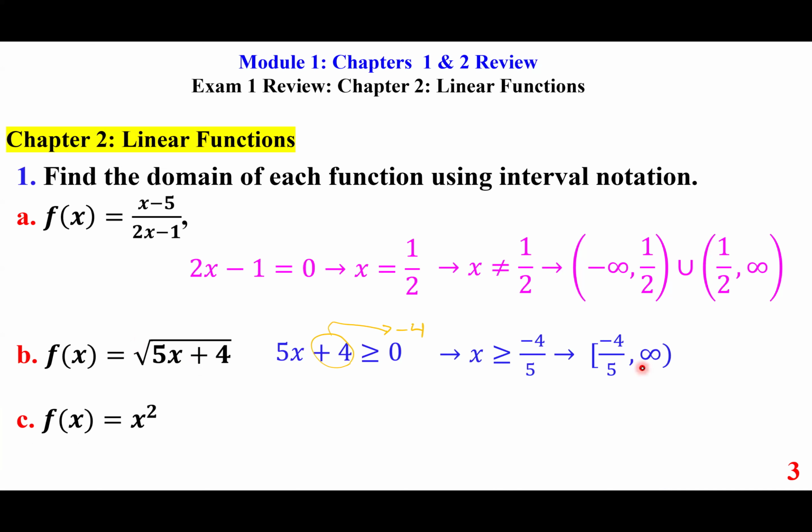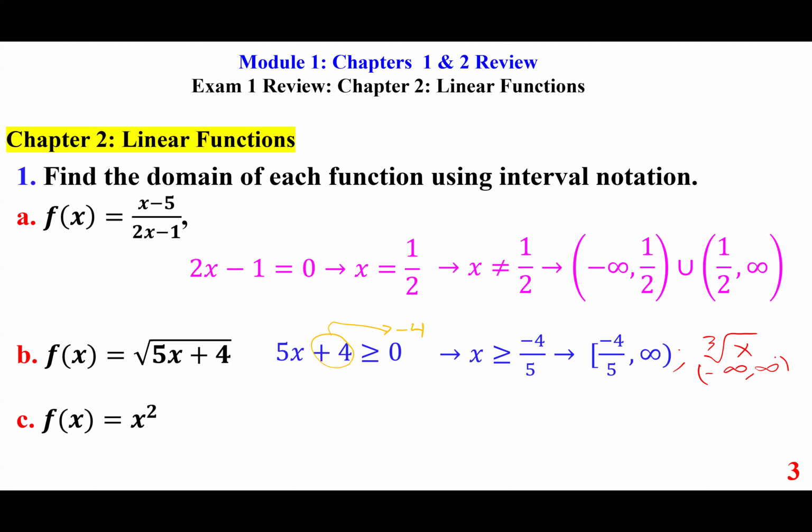By the way, just to remind you, this is the case when the index is even. If the index is odd, for example, if you have the cube root of x, there are no restrictions. The domain would be all real numbers.